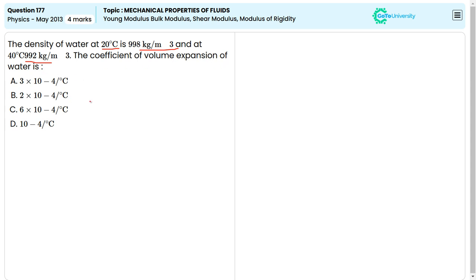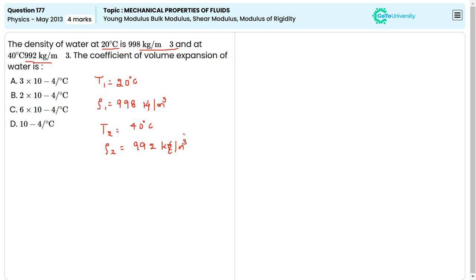Here the data given are T1 is equal to 20 degrees centigrade and the corresponding rho 1 is equal to 998 kg per meter cube, and T2 is equal to 40 degrees centigrade and rho 2 is equal to 992 kg per meter cube.